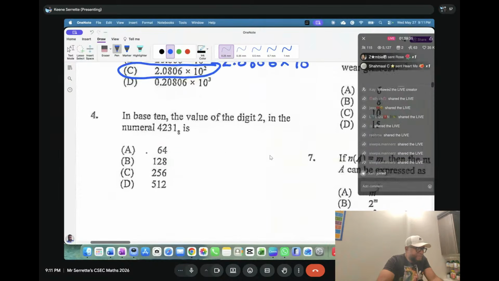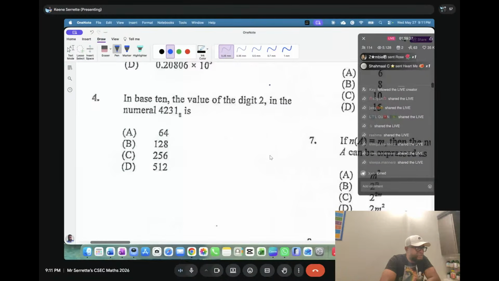So in base 10, the value of the digit 2 in the numeral 4231 in base 8. Now remember what I told you all for this, right? This is going to be 2 multiplied by 8, because it's base 8, to the power of, where can you count these digits?